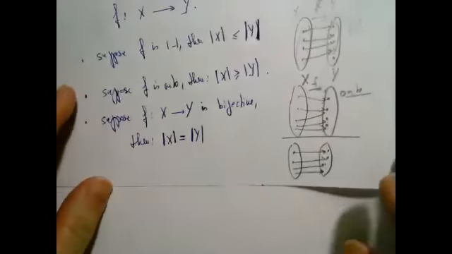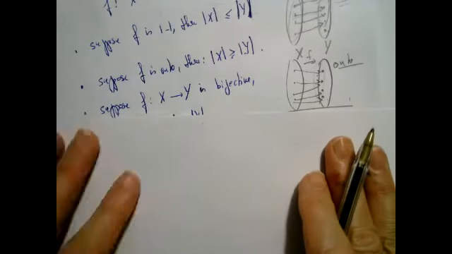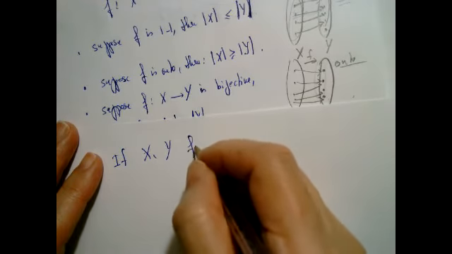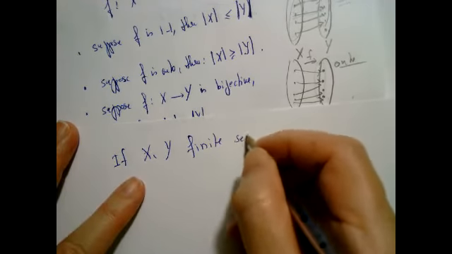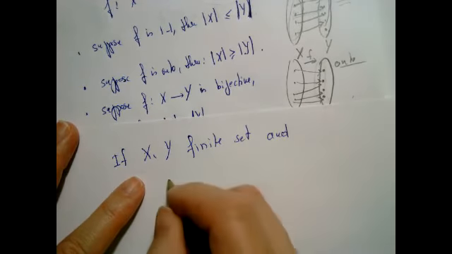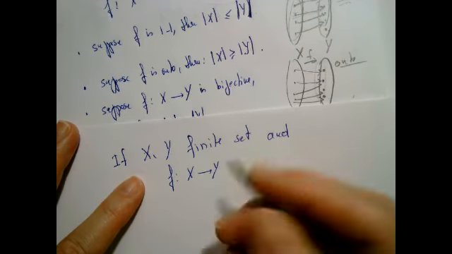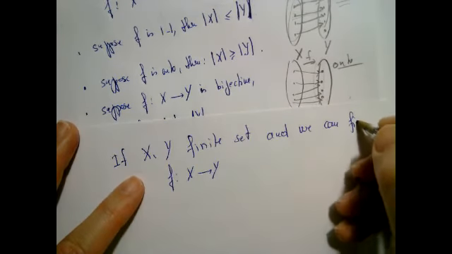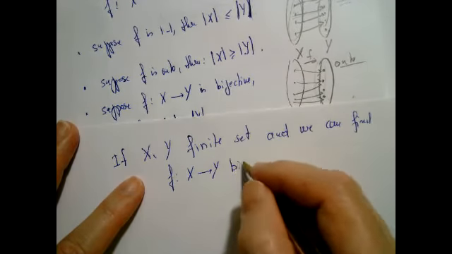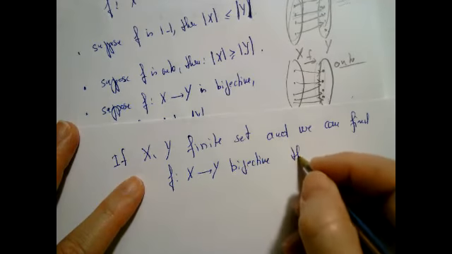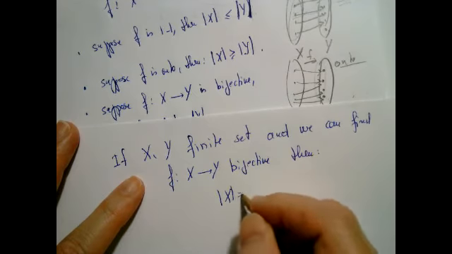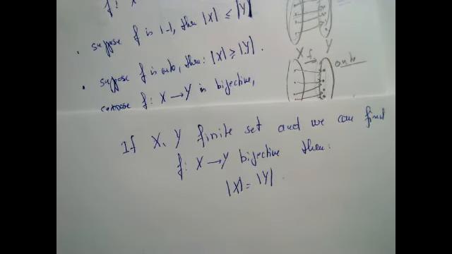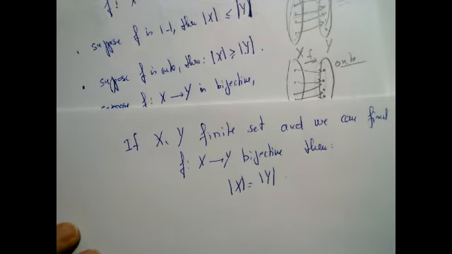Okay, so if X and Y are finite sets, and f from X to Y is bijective, then the cardinality of X is equal to the cardinality of Y. So if two sets are finite, and we can find a bijection between them, then they must have the same cardinality.